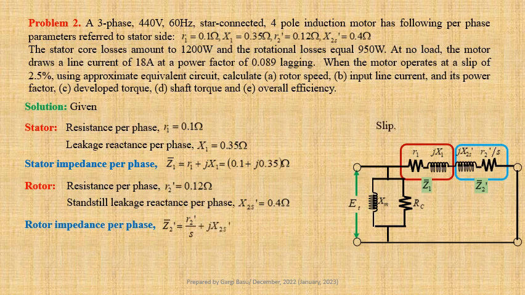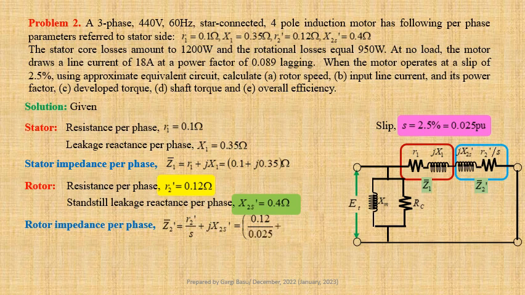Given slip S equals to 2.5%, that is equal to 0.025 per unit. Therefore, Z2 dash equals to 0.12 by 0.025 plus j times 0.4 ohm. That gives us 4.8 plus j times 0.4 ohm.